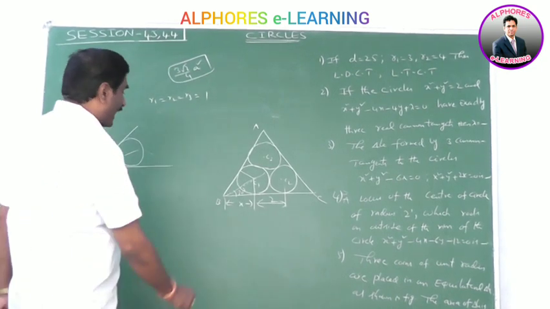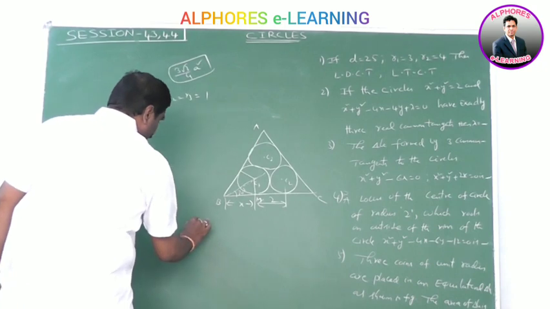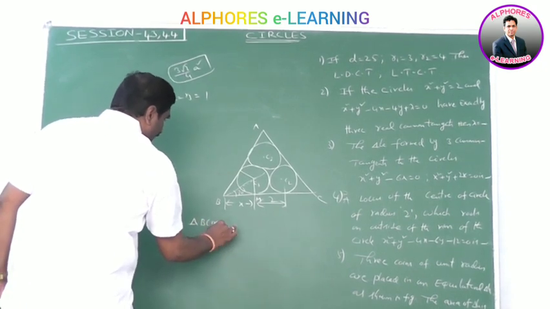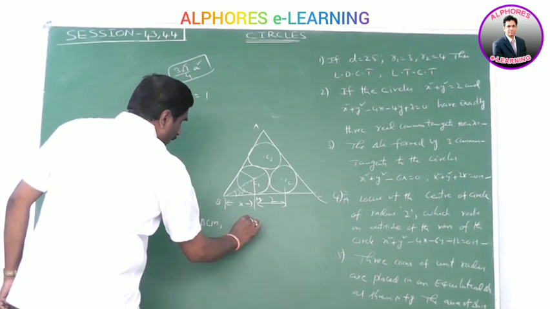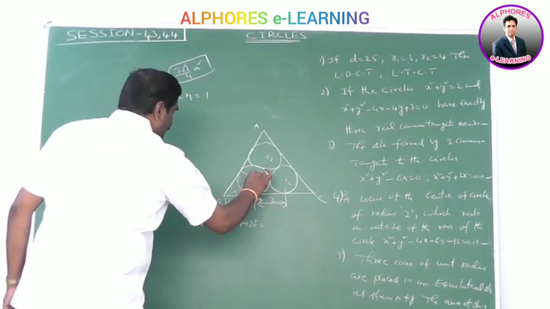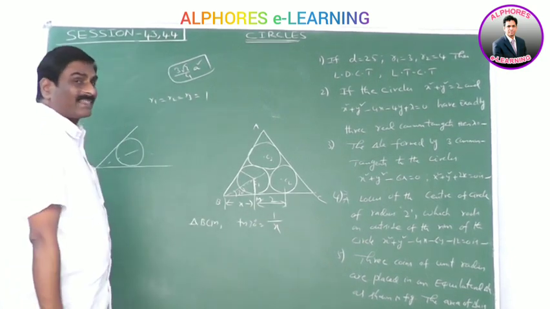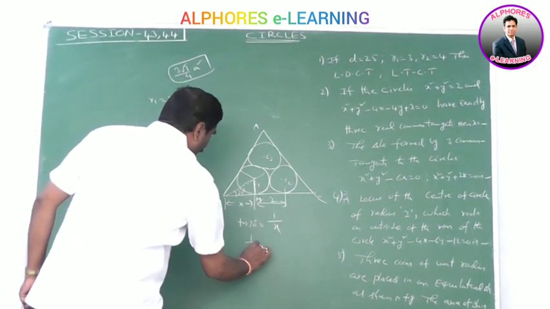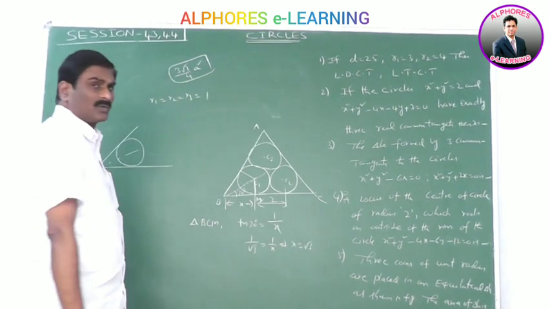From triangle BCM, tan 30 is equal to the opposite side, the radius 1 unit, by x. Tan 30 is 1 by root 3, so 1 by root 3 is equal to 1 by x, that implies x is equal to root 3.